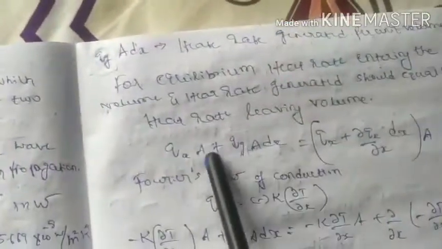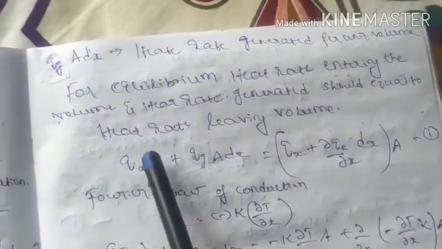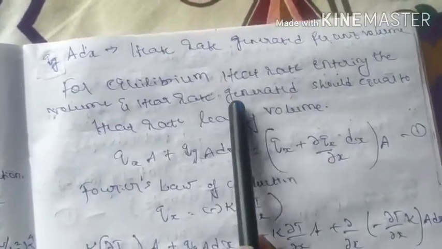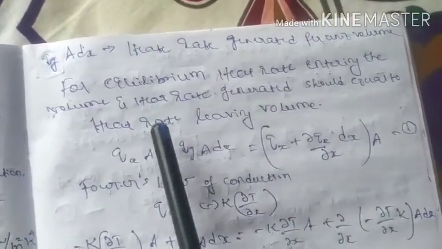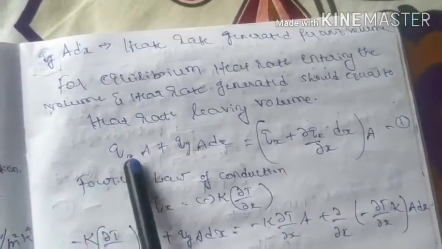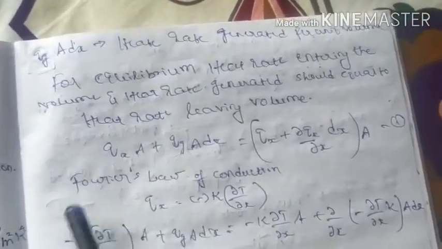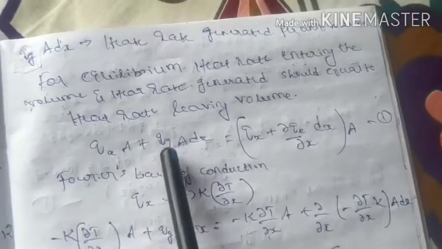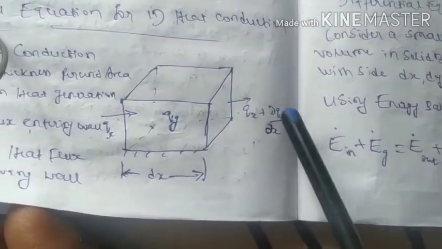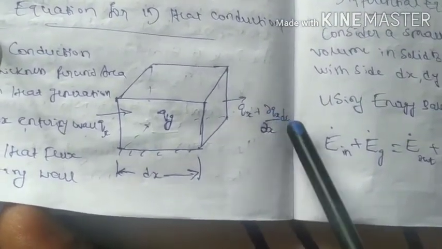Therefore Qx into A plus Qg into A into dx is equal to Qx plus dou Qx by dou x into dx.